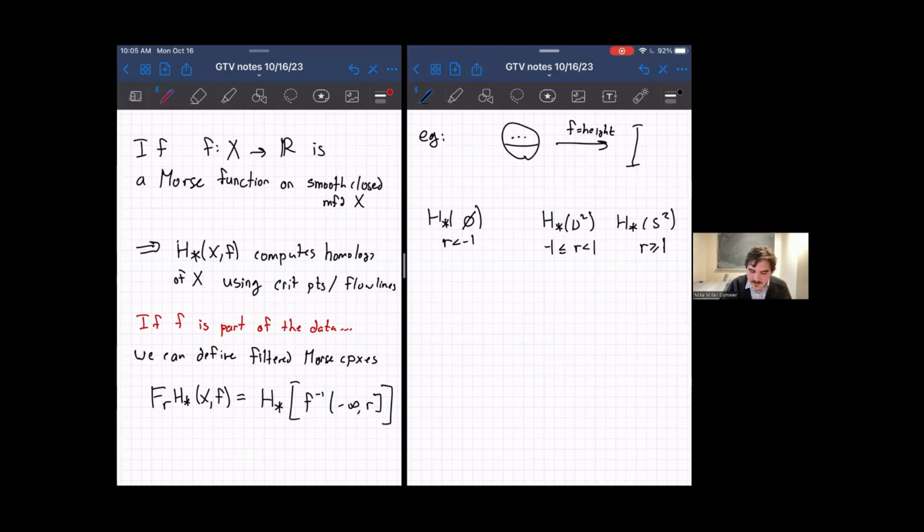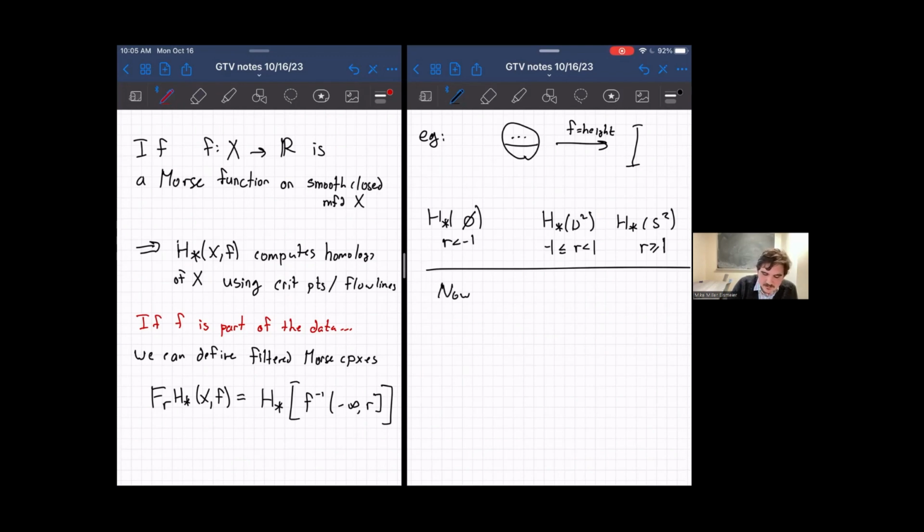The only time I'll see that is when R is at least 1. So I can get some numerical information out of this. The first time that second homology class exists is at level 1. 1 is an important number for this Morse function. That's my filtered bit. That's filtered Morse theory.